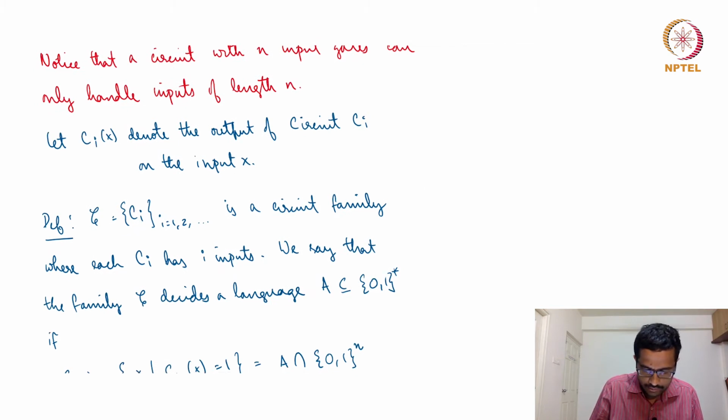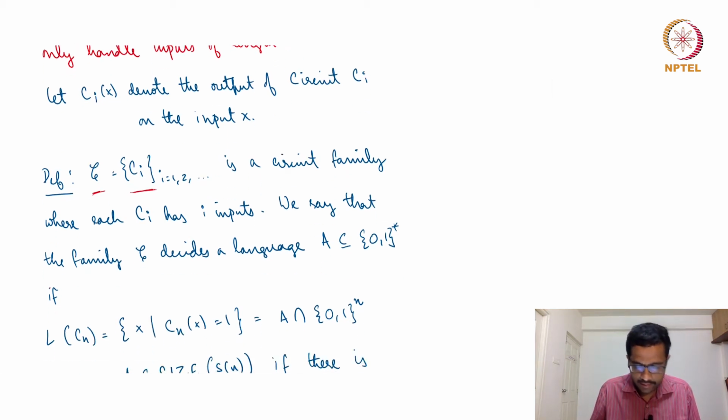We'll use script C to denote a family of circuits C_i, where C_i is a circuit that takes i bits as input and outputs a single bit. We say that the family decides a language A if the ith circuit in the family decides A correctly for all the i bit instances of A.